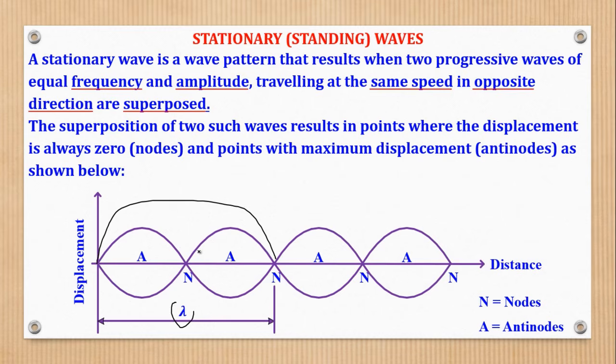That is very vital because it will be used especially in the next video on waves in pipes and strings. We shall need this idea. Then the distance between two antinodes is half a wavelength, and also the distance between two nodes is half a wavelength.